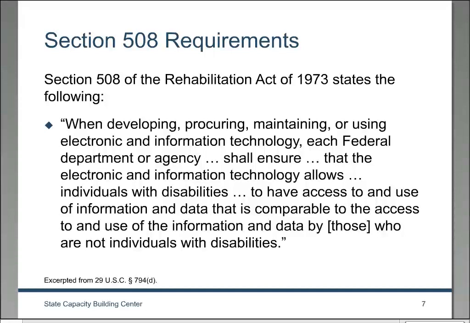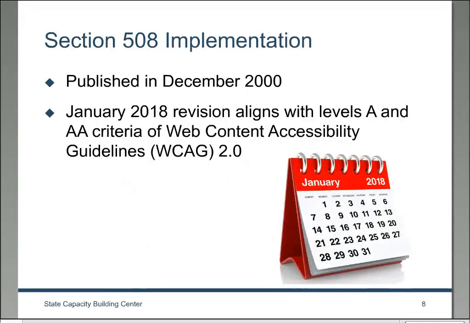So this is kind of general, and how do we implement that is really the big question. A little bit about the milestones of Section 508. Section 508 was originally added as an amendment to the Rehabilitation Act of '73 in 1986. It was then amended by Congress and enacted in 1998 to require federal agencies to make their electronic and information technology accessible to people with disabilities.